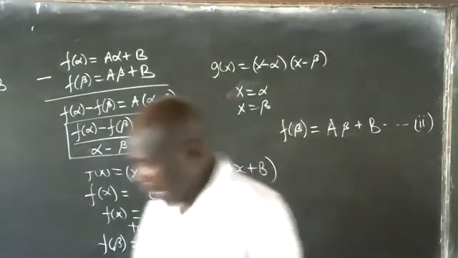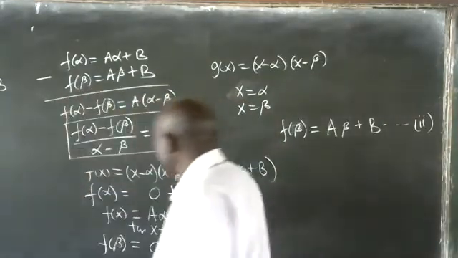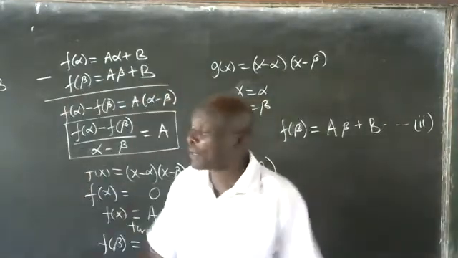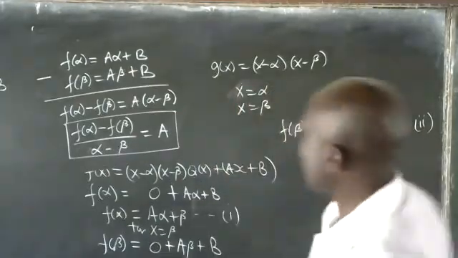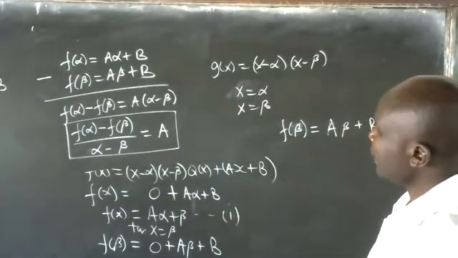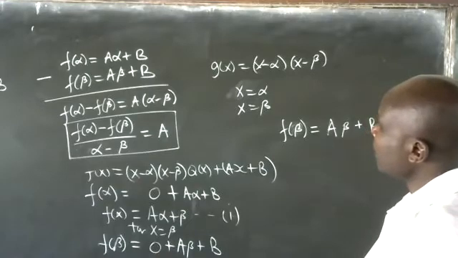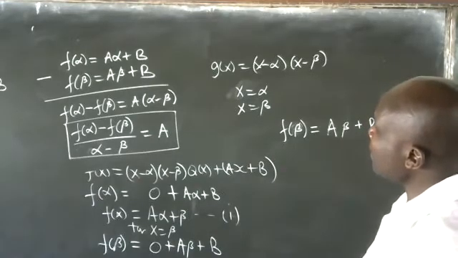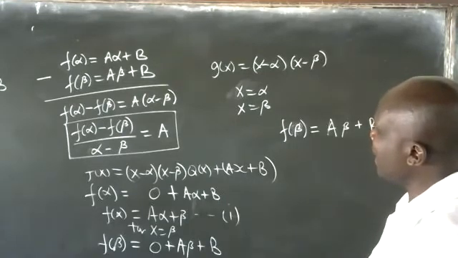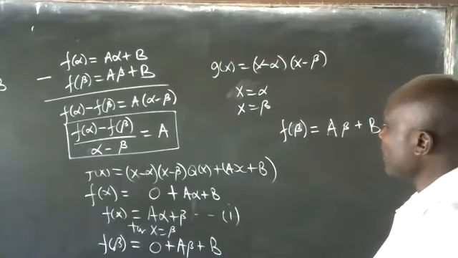So there are many ways. Either you use the substitution method to get this A and put it in one of these, solve for B, or you multiply through by beta the first equation and by alpha the second, and you eliminate A. So it's up to you.